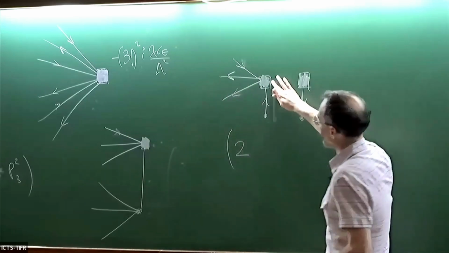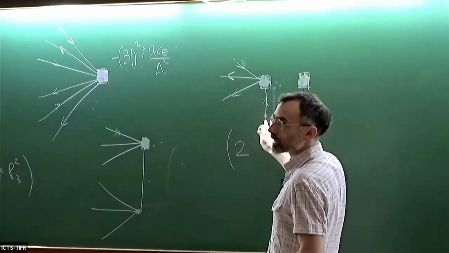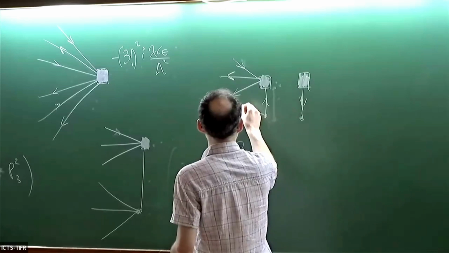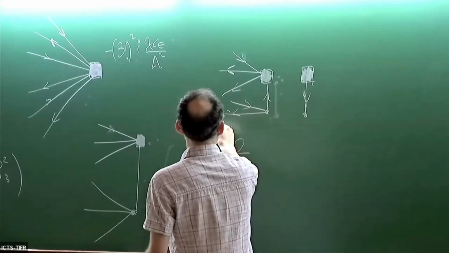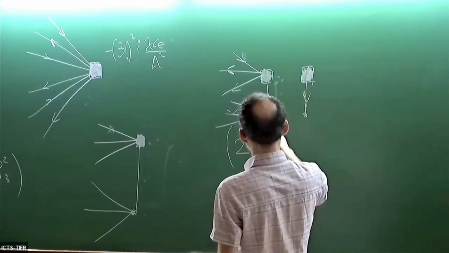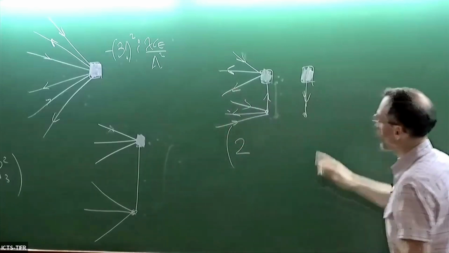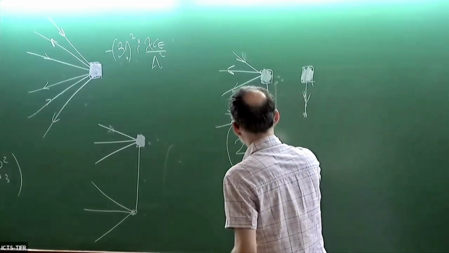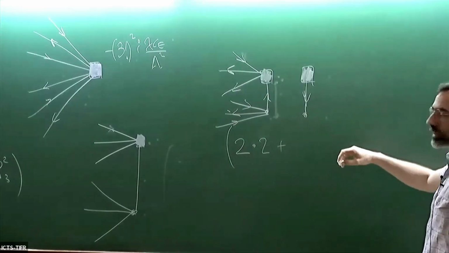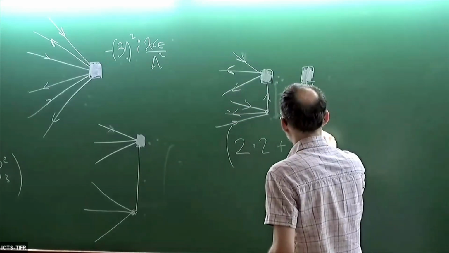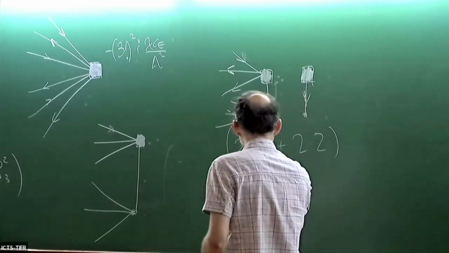Now, how many I can choose from the other side is actually the same. If that flows that way, and this flows in, out, in, I also have 2 to choose from there, 2 times 2. And the same thing will be true for the arrow going the other way, 2 times 2. That is the internal combinatoric.